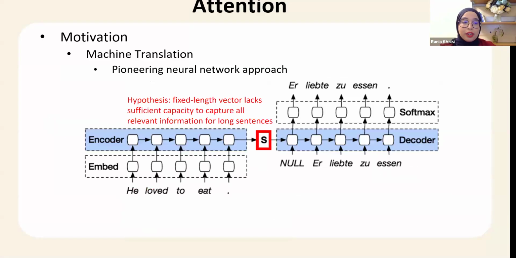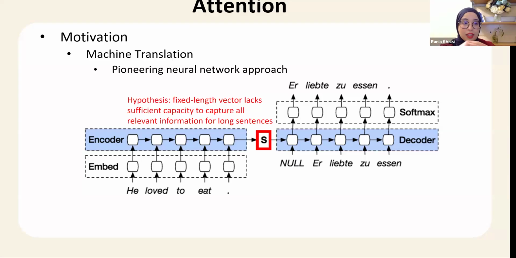So the issue becomes clearer when we look at how sentence length affects performance. For example, here we have "he loved to eat".